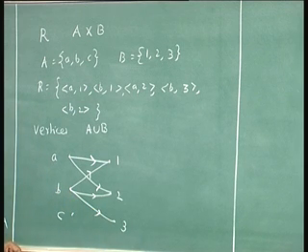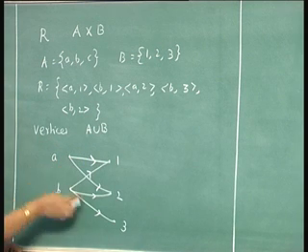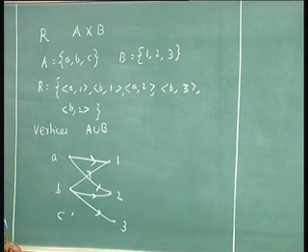So, the binary relation will be represented by this graph where the vertices are A union B and the directed edges represent the ordered pairs.